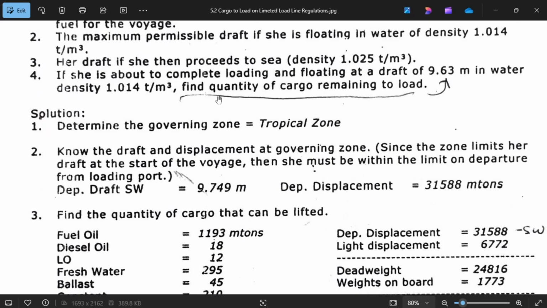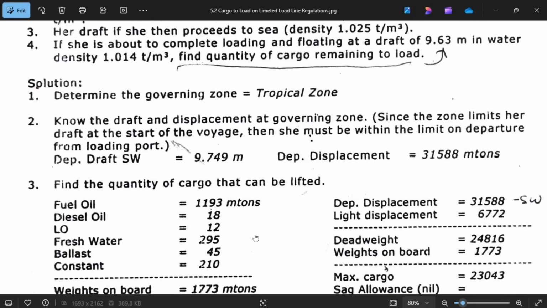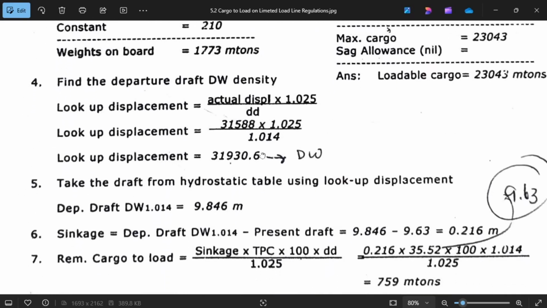So when she's about to complete, floating at a draft of 9.63, from this draft you stop loading and make a draft check around the vessel to determine and compute how much cargo is remaining to load, when you are floating in 1.014.